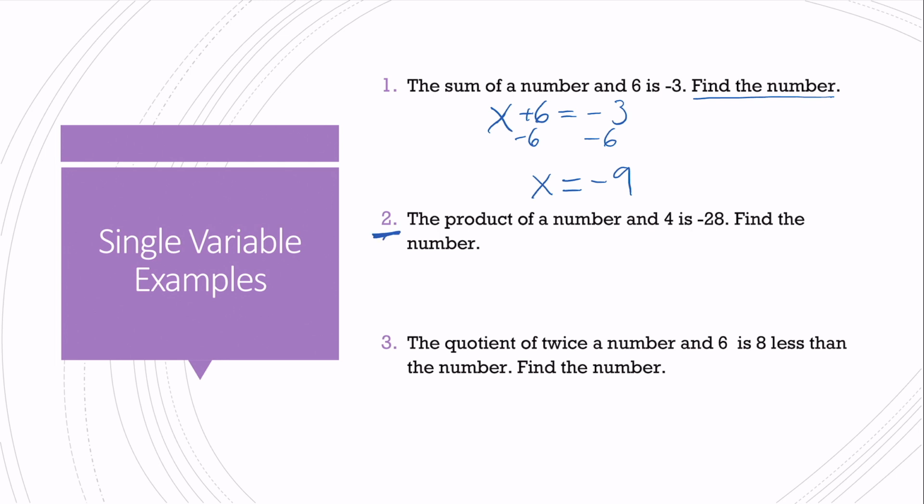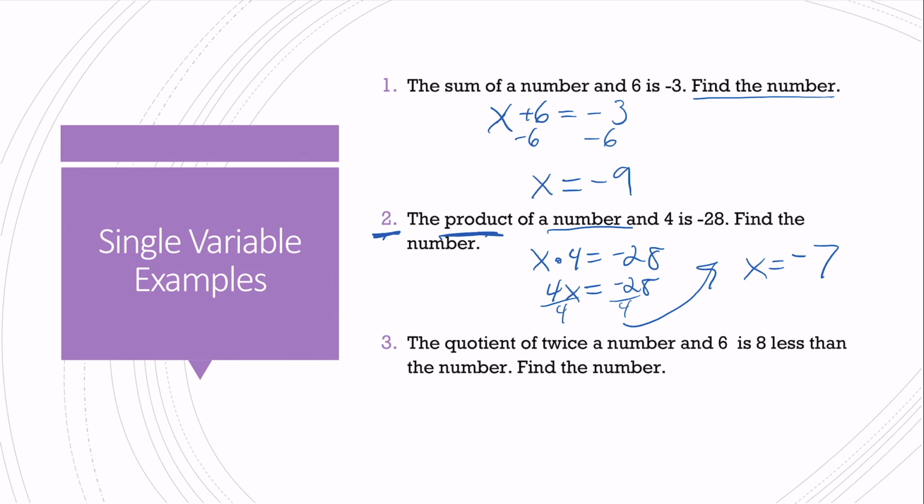In example 2, I have the product, that's a clue that I'm multiplying. The product of a number and 4 is negative 28. So x times 4 is negative 28. And I want to rewrite this like 4x. We always want our constant before the variable. And now I know how to solve this.